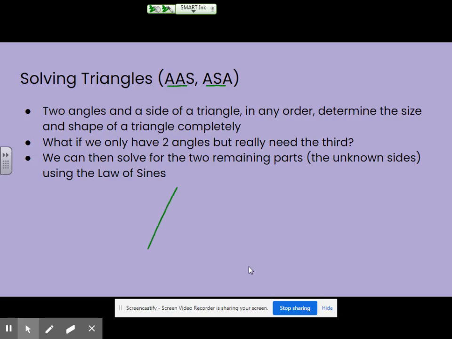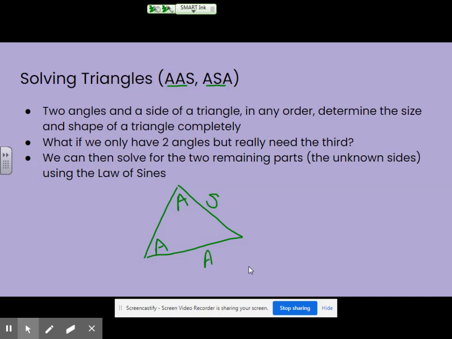So that first one, angle, angle, side, is telling me that I know some angle, I know the direct next angle, whether I go counterclockwise or not, and I know the direct next side. Like I said, it doesn't matter if I go counterclockwise or clockwise, as long as I am keeping it consistent.